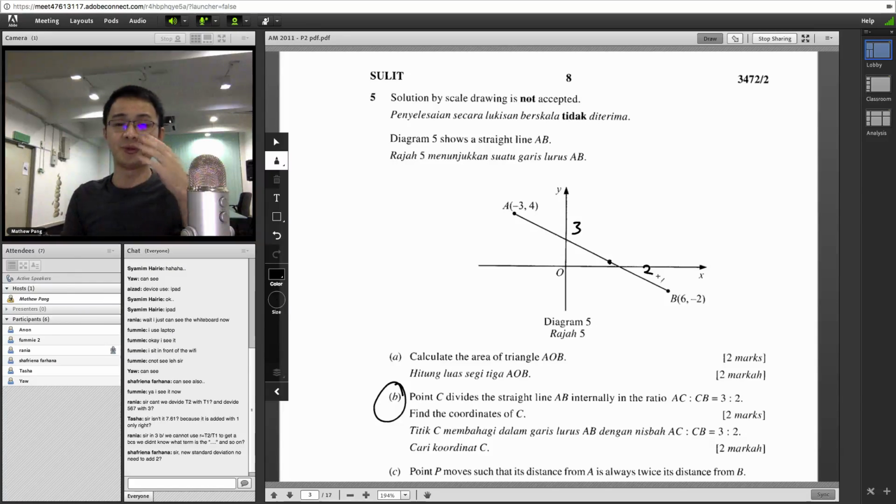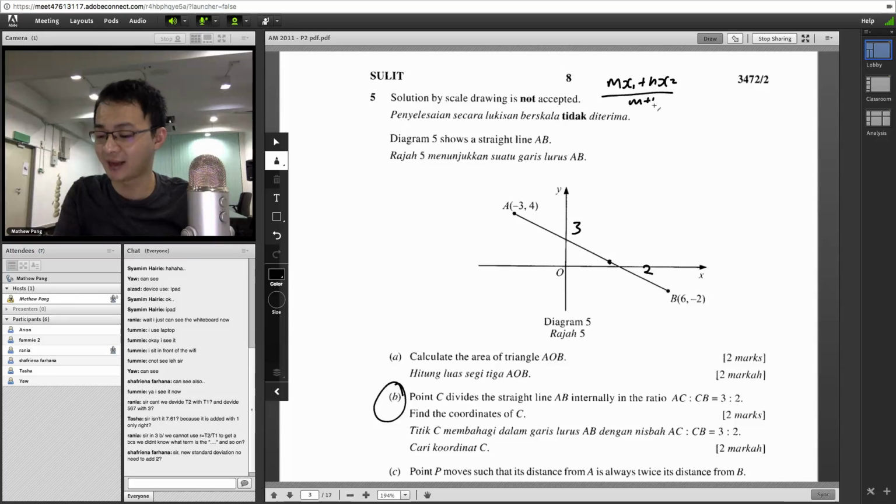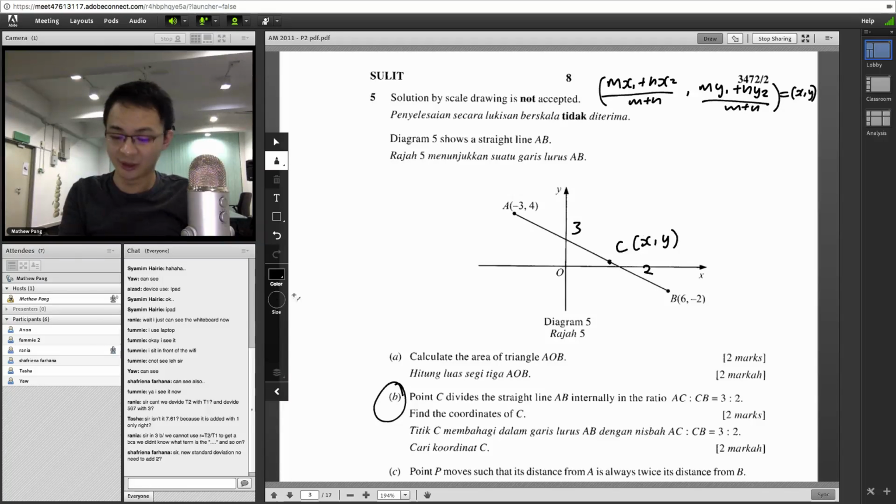And of course, I hope you remember the ratio formula: (mx1 + nx2) over (m + n), then do the same thing for y: (my1 + ny2) over (m + n), and this equals (x, y), the coordinate in the middle, which is C, the coordinate you need to find. m and n is just the ratio.